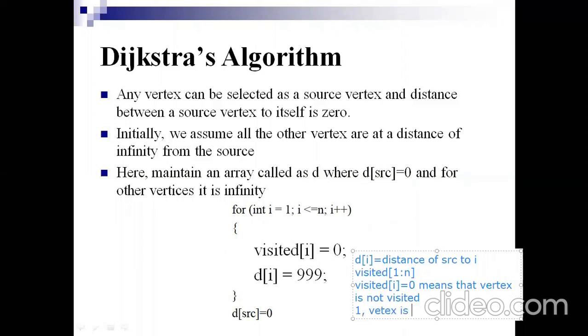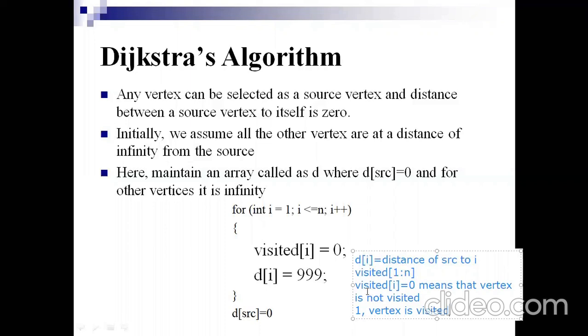We have this concept similar to Prim's algorithm, wherein we select the edges such that the source vertex of the edge is visited and the destination vertex of the edge is not visited.